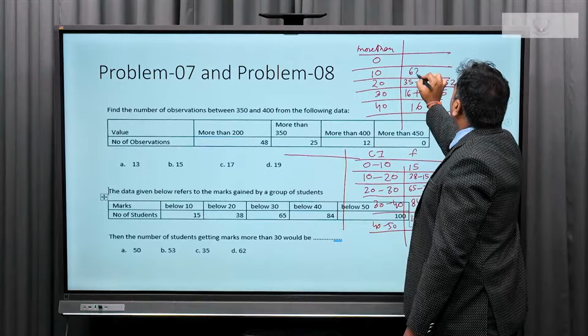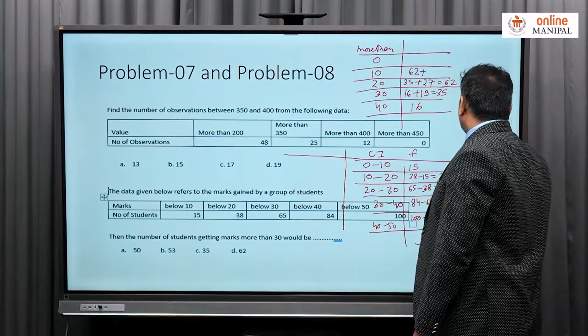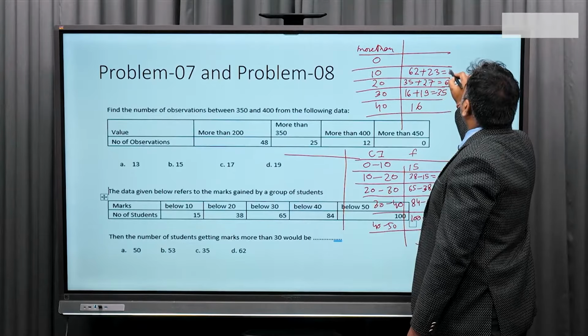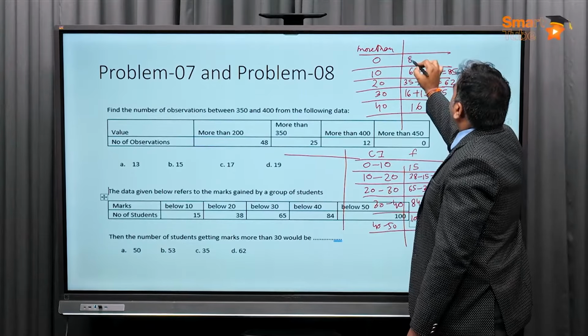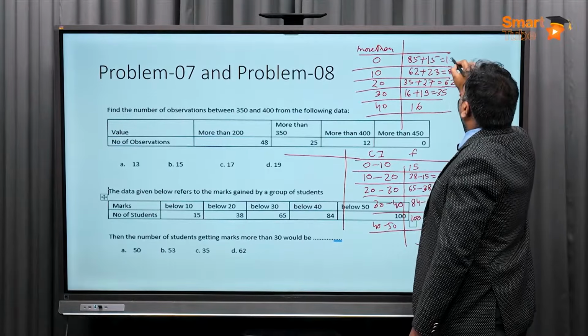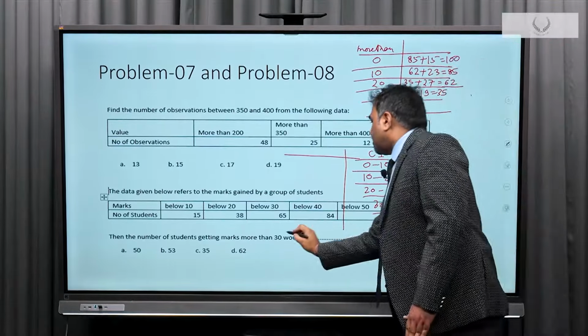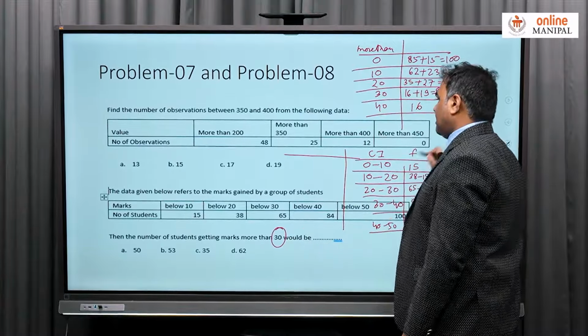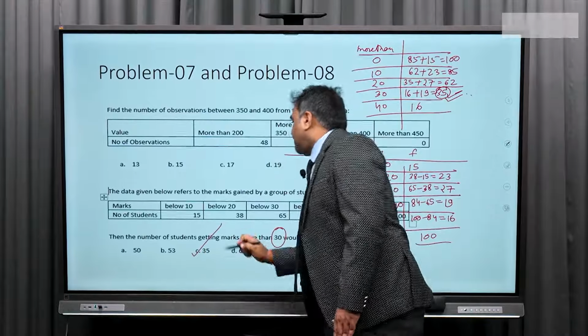Then 62 plus 23 would be 85, and then 85 plus 15 would be 100. What are they asking us? More than 30. More than 30, what is the value? 35. This is your answer.